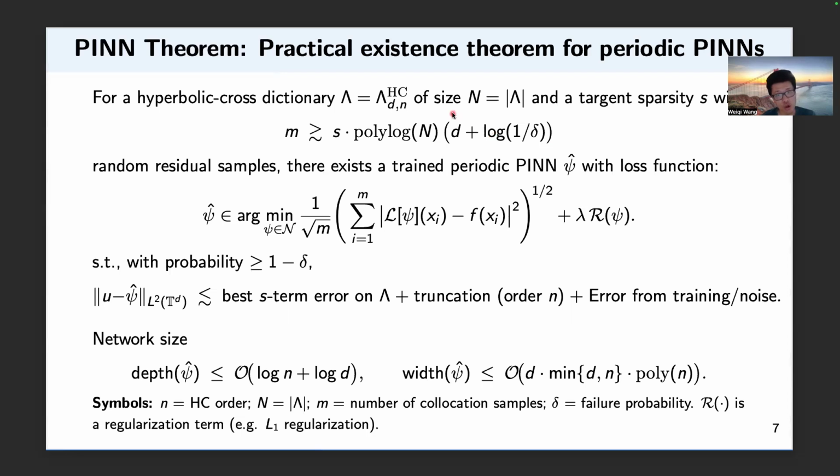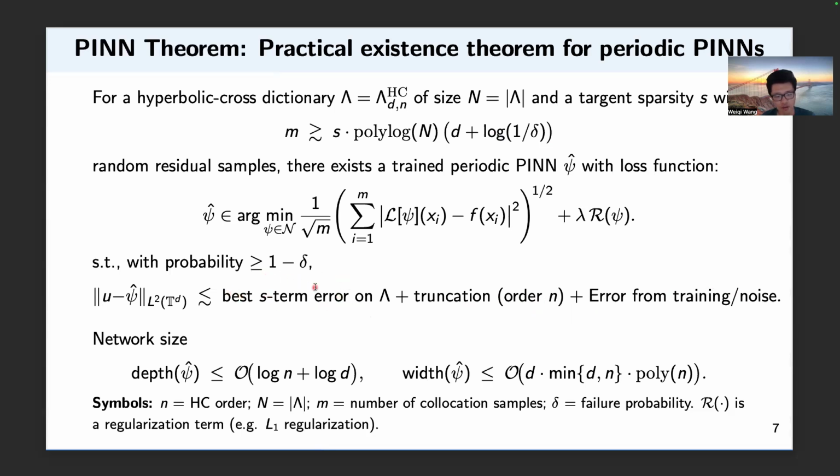if the true solution can be well described by a small number of those Fourier modes, and if we take enough random sample points, then a trained periodic PINN exists with small error. I mean, the error is given by these three terms. The first term is the best S-term part.